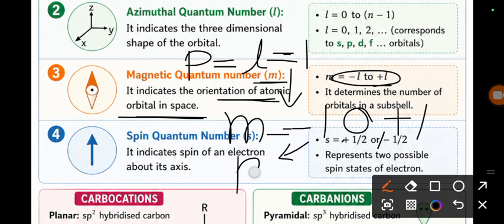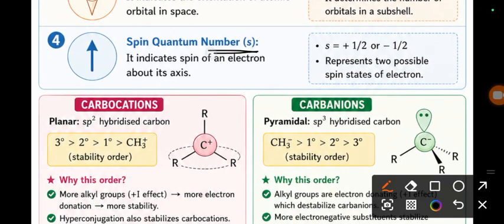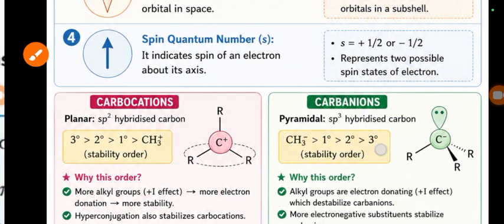Minus 1 means px orientation, 0 means py, and plus 1 means pz. So p orbital has three orientations, px, py and pz. The last is the spin quantum number. Spin quantum number determines the spin of the electron, whether the electron is moving clockwise or anti-clockwise, plus half or minus half.